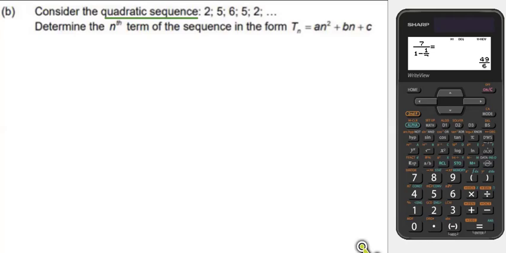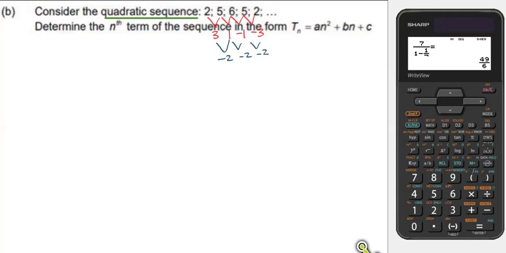You want to subtract, subtract, subtract, subtract, and say 5 minus 2 is 3. 6 minus 5 is 1. 5 minus 6 is minus 1. 2 minus 5 is minus 3. And then the differences of those: 1 minus 3 is minus 2, minus 1 minus 1 is minus 2, and same thing, minus 2.